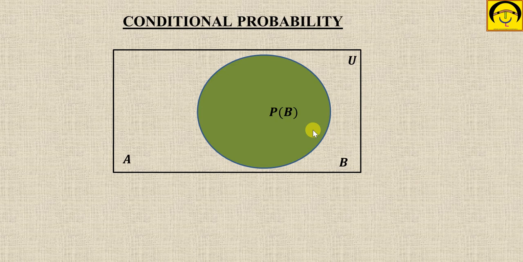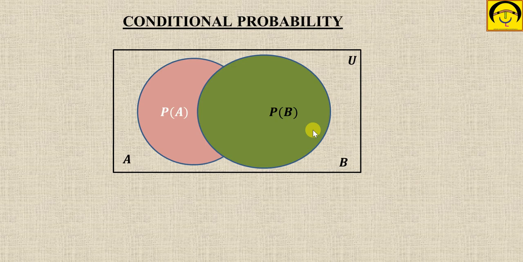Now I have to find the probability of A, and we know that B has already occurred, whose probability is P(B). So this is conditional probability, means I am going to find the probability of A when B has already happened.